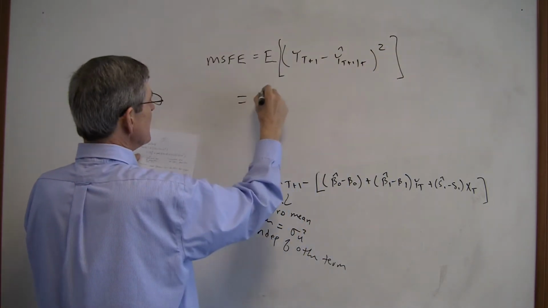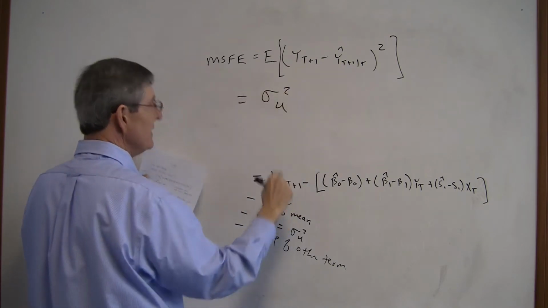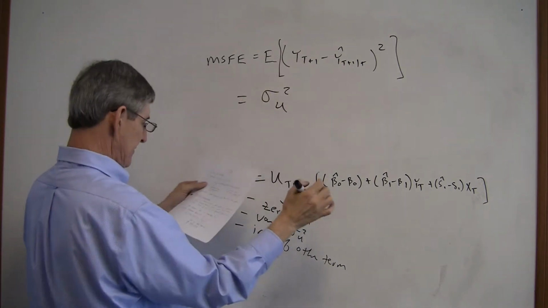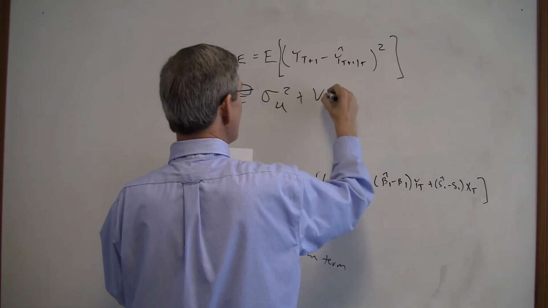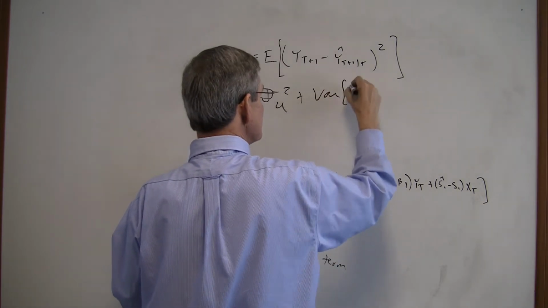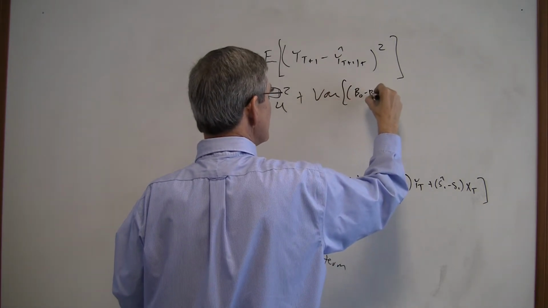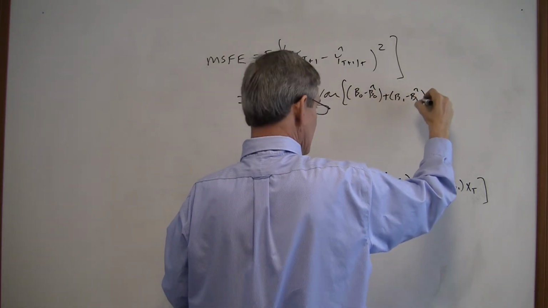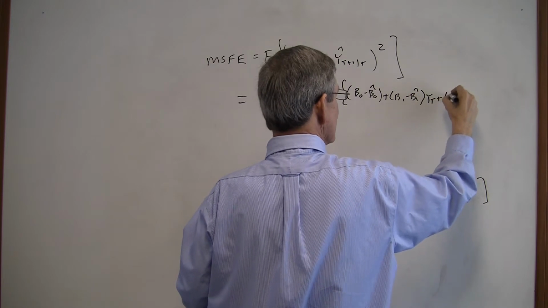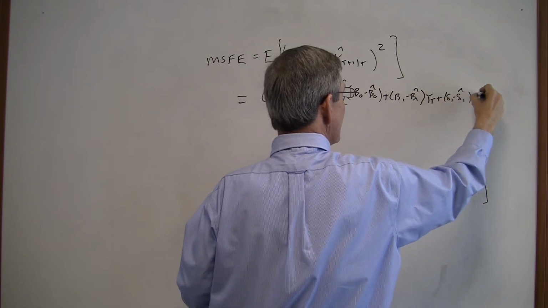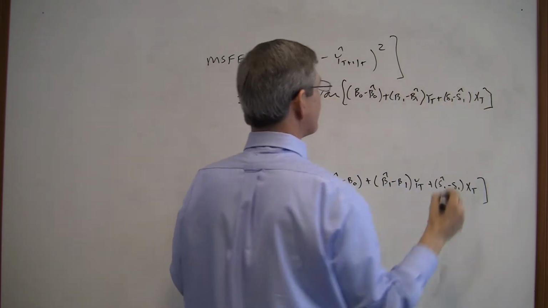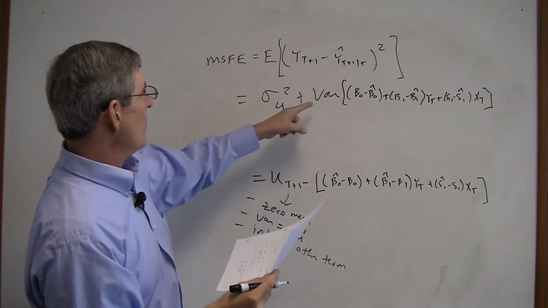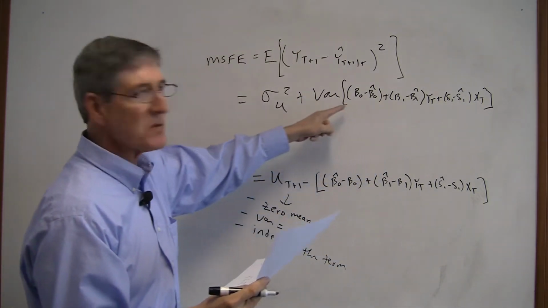And that's going to be equal to sigma squared u, which is just the variance, plus the variance of all the terms in the brackets: beta naught minus beta naught hat plus (beta 1 minus beta 1 hat) y_t plus (delta 1 minus delta 1 hat) x_t. And I won't bother to calculate this. One could.